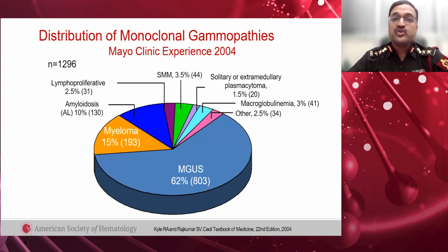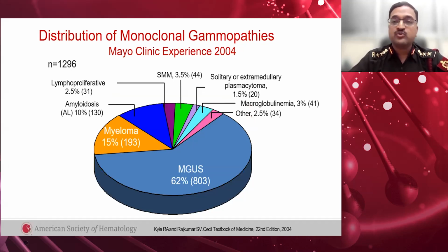Now, the distribution of the monoclonal gammopathies based on the Mayo Clinic experience, compiled from patients from 1974 to 2004, shows that myelomas constitute only 15% of these individuals. A huge number of people have a condition known as MGUS, which we'll discuss in the next few minutes. But it could also be because of lymphoproliferative disorders, macroglobulinemia, and multiple other disorders.